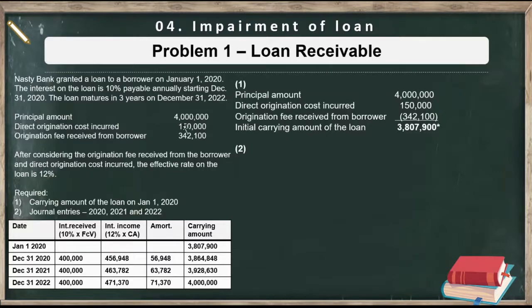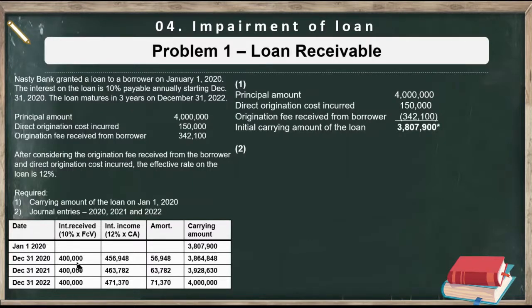The face value is 4 million, so 4 million times 10% is 400,000 every year. If there are installments, the 4 million would be reduced, so the interest received would get smaller. But since the full payment of the principal is after 3 years, the 4 million is intact, so our interest is uniform every year.